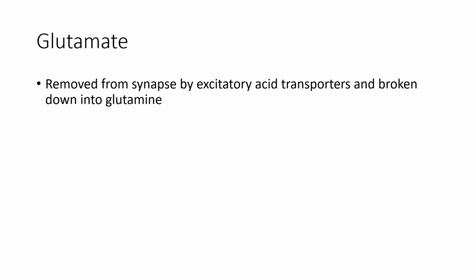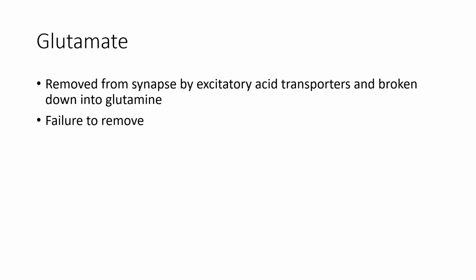Now, glutamate is removed from the synapse, or the gap between neurons, by acid transporters and then broken back down into its precursor, glutamine. Now, if there is a failure to remove glutamate, so if glutamate is allowed to hang out in the synapse, as you can imagine, it's an excitatory neurotransmitter. It's going to yield more action potentials, more firing in neurons.